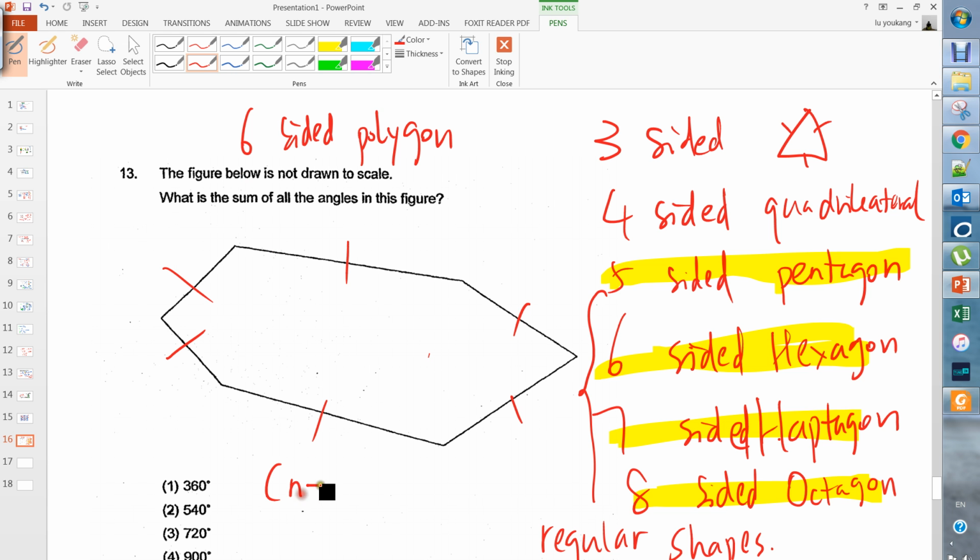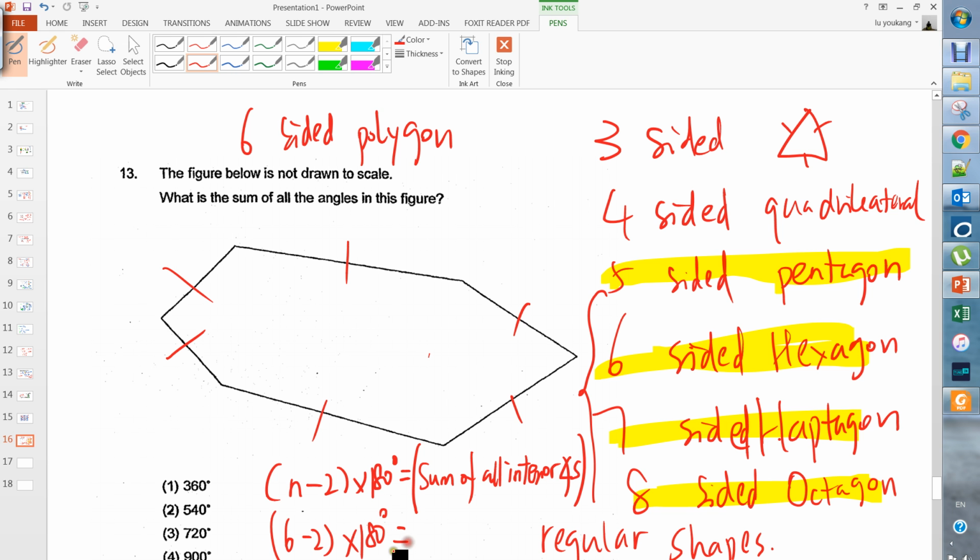It's called n minus 2 times 180, and this will give you the sum of all interior angles. So how many sides here? I just put it in. 6 minus 2 times 180. What's the answer?